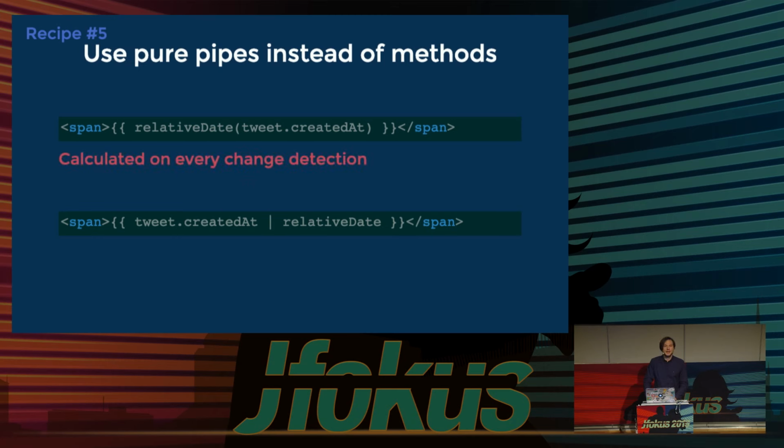If we call this functionality in the form of a method in our template, yes, we call the actual code, which is doing this calculation on every change detection. If we go for the pipe, it's calculated only when something was changed.